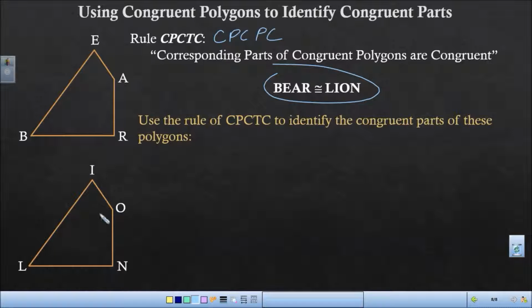If I know that BEAR is congruent to LION, then what that means is that angle B is congruent to angle L. So I can write that.